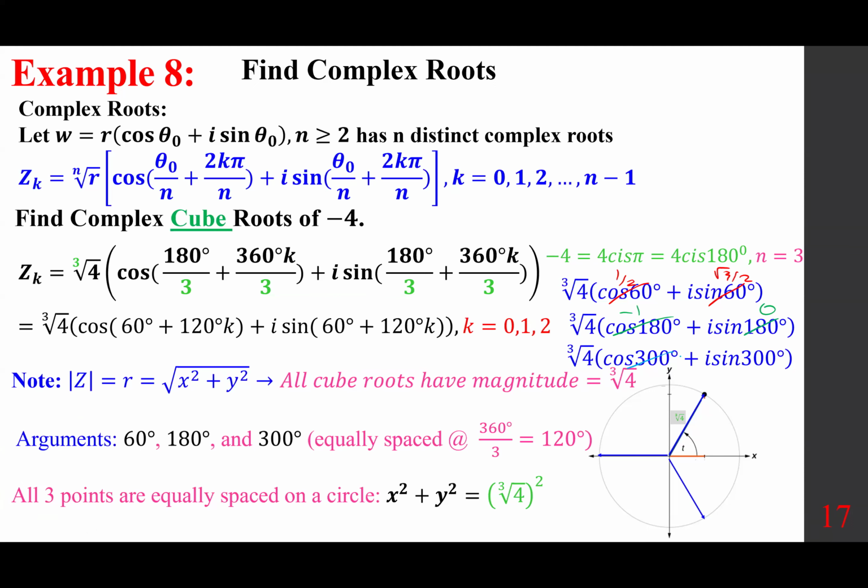So for 300 degrees, cosine is the same as 60 degrees, so 1/2, but sine is negative because in the fourth quadrant, cosine is positive, sine is negative. So if they ask you to write it in that format, you should have no problem doing so.